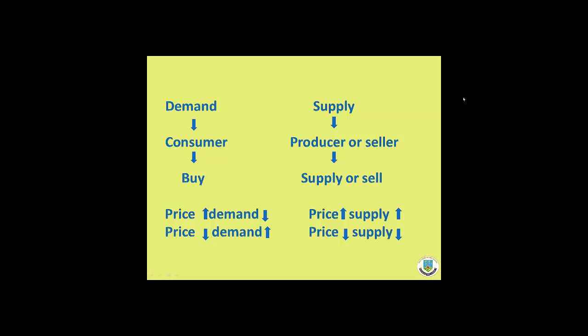Okay, students, in the previous video we have already studied what is demand. Here I will give you a quick review of demand and supply. As you study this, you should be able to differentiate well between demand and supply. Demand is about the consumer, and consumers buy goods and services.